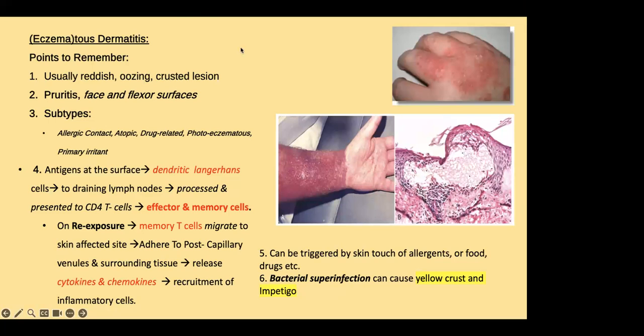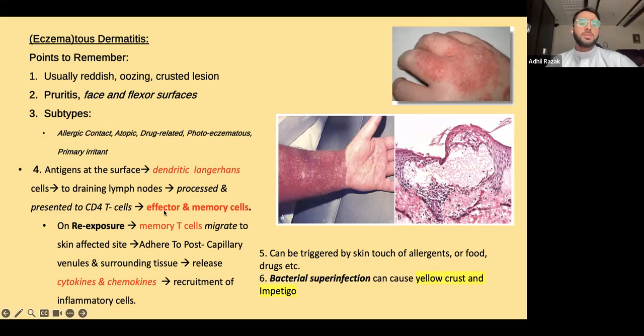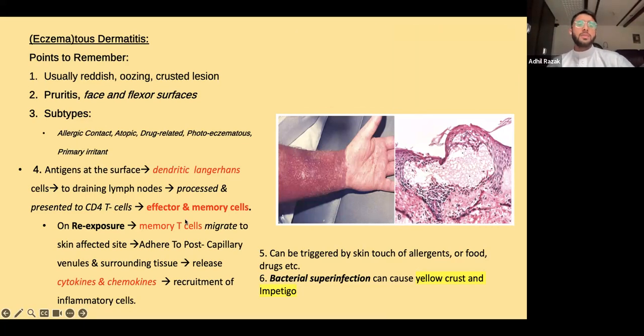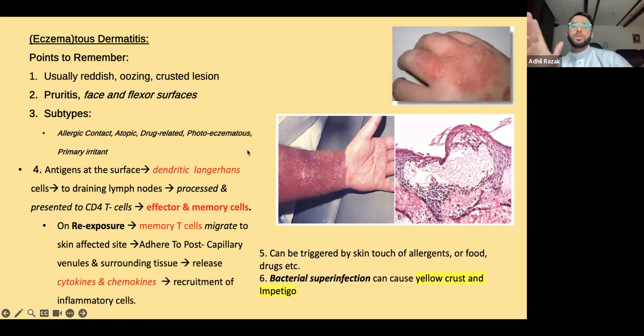So what's the basic difference between contact dermatitis and atopic dermatitis in general? Okay, contact dermatitis is more about the irritant itself. When the irritant is taken off, it pretty much goes away. But atopic dermatitis is more of a chronic condition, I would say.